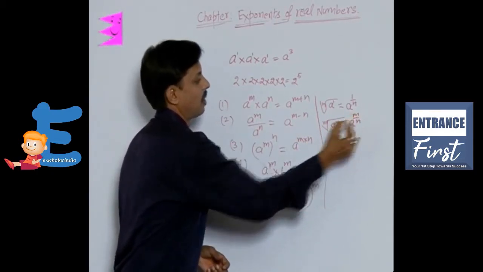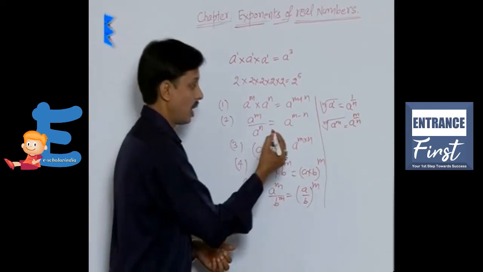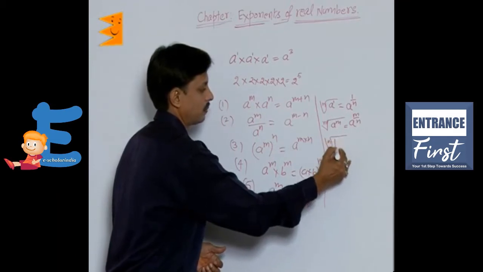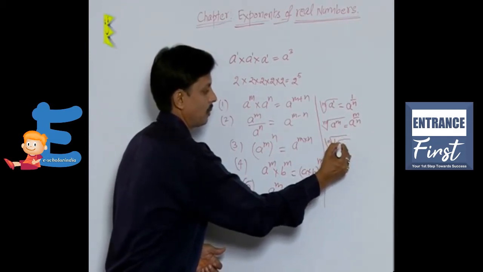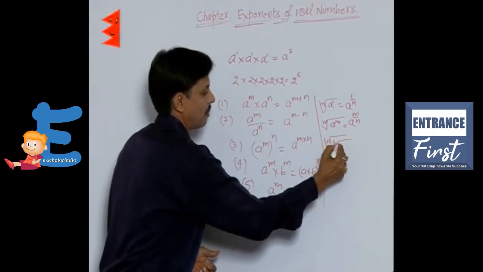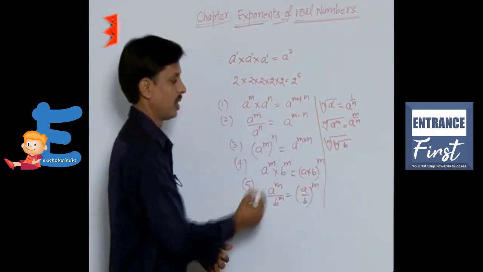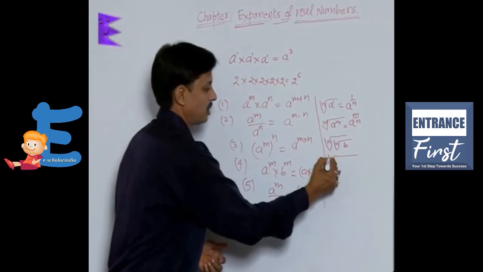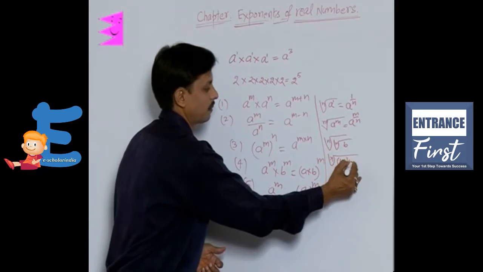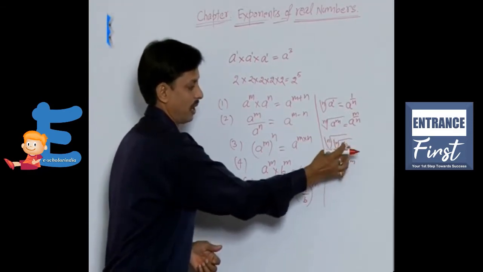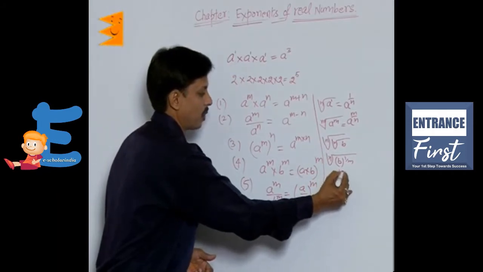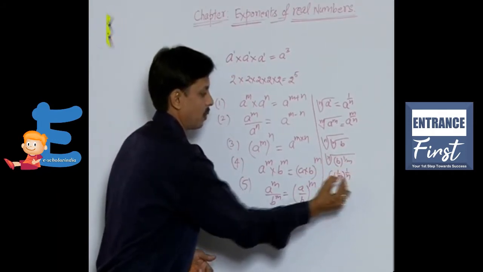In case the question is like first nth root, then mth root of b, we can say it is nth root of b raised to the power 1 upon m. That is why I first operated this one. Then I can say b raised to the power 1 upon m, that raised to the power 1 upon n.